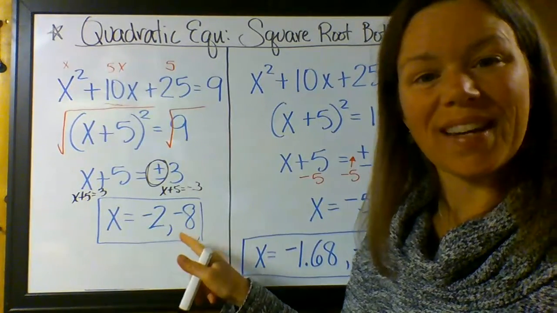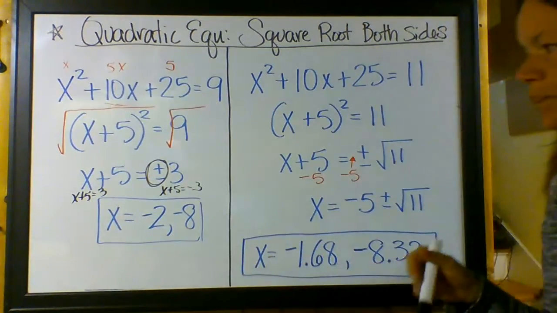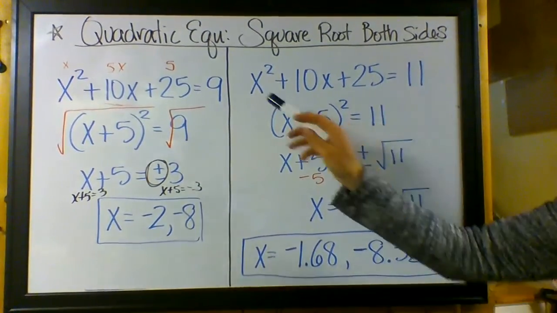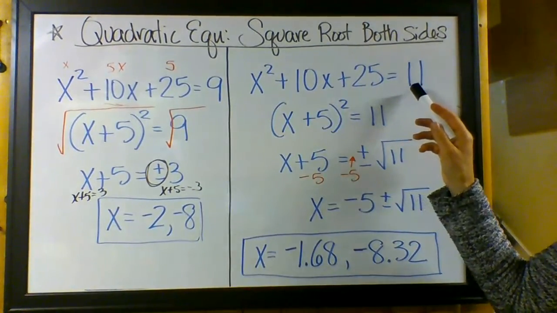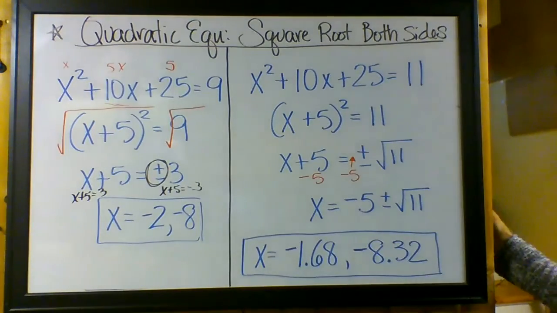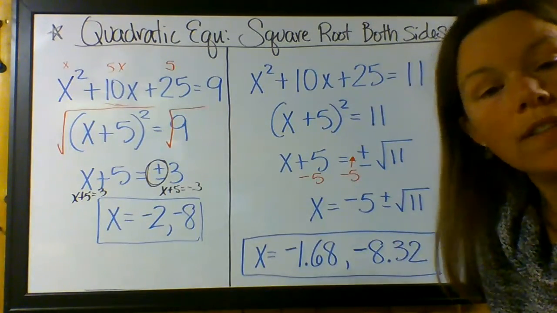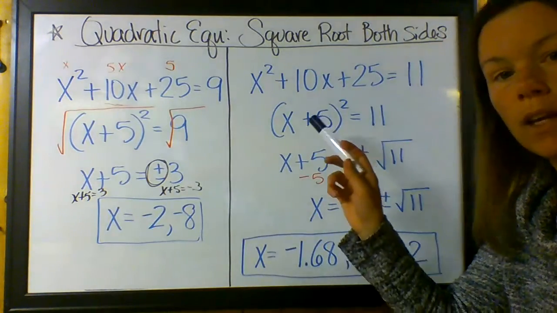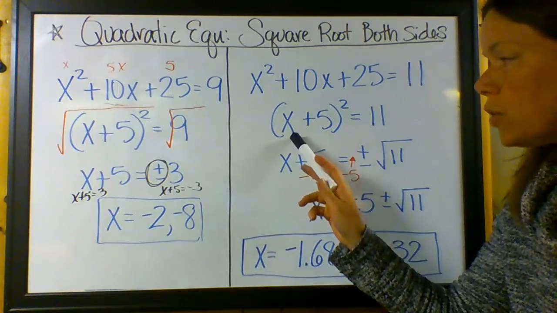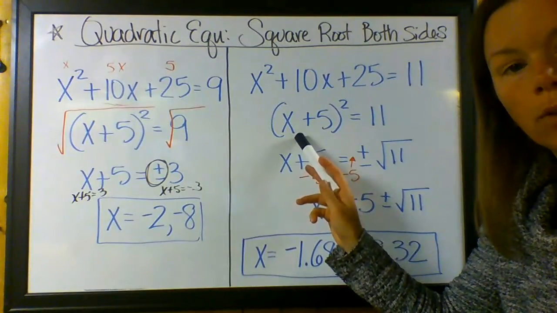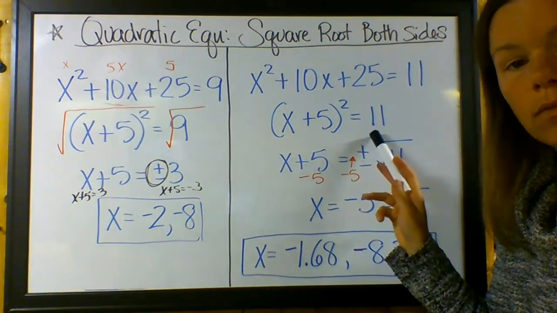Okay, great. So what if we have that the perfect trinomial square equals a number that is not a perfect square, right? So I put 11 in here. So what if it doesn't equal a perfect square? So I did the same thing. I factored the perfect trinomial square to a binomial squared equals 11.